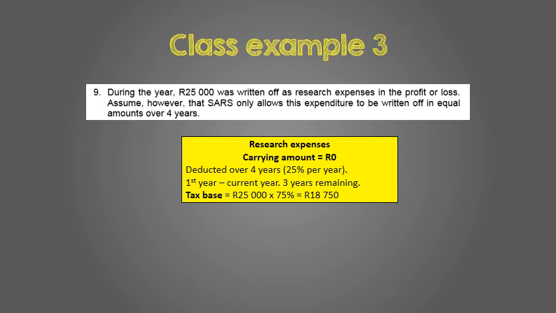And that benefit, that tax base, will be the deductions that we still will receive in future. We've already received 25%, so that means there's 75% remaining that we will be able to deduct in future, and that gives us the tax base for these research expenses at 18,750.